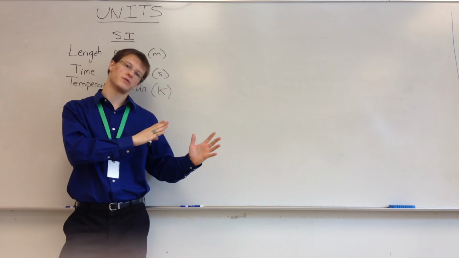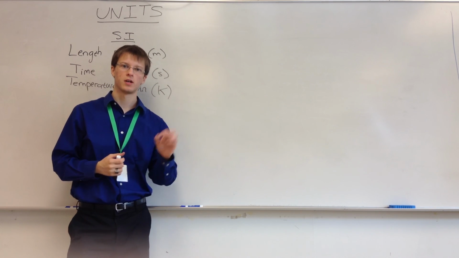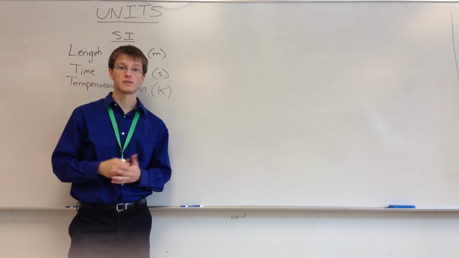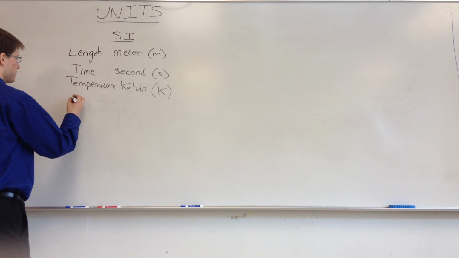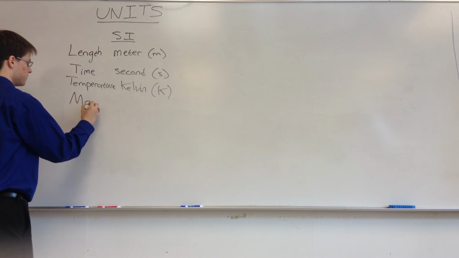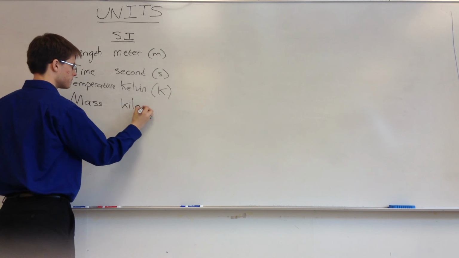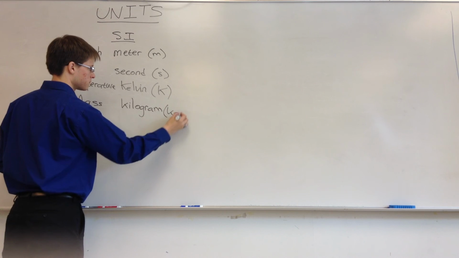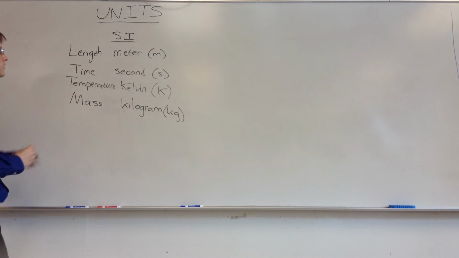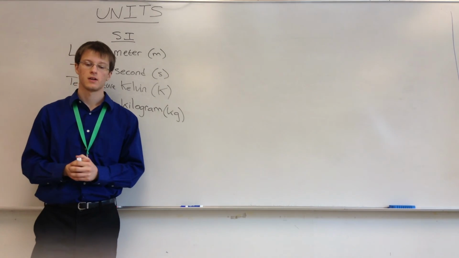It's just shifted 273 degrees. So the lowest temperature in the Kelvin system is 0, and the lowest in the Celsius system is negative 273. And we have mass, which uses the kilogram. These are 4 base units that are going to be very important to our studies.